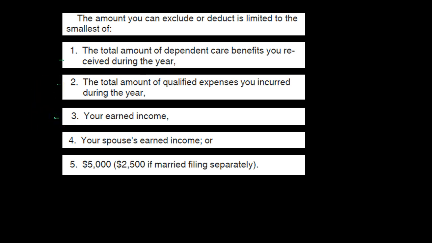So you can't have more than your earned income. Your spouse's earned income. So notice what we're not taking here is the two earned incomes combined. We're taking one spouse and the other spouse's earned income. It has to be below that, one or the other, the smaller of the two. And then $5,000 or $2,500 if married filing separately.